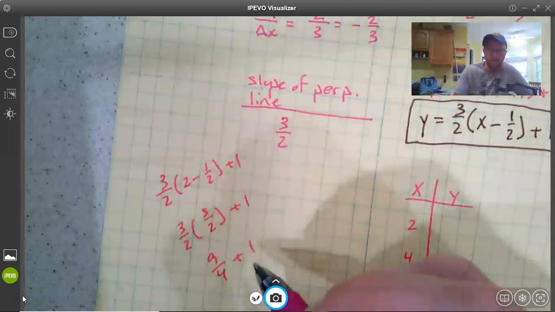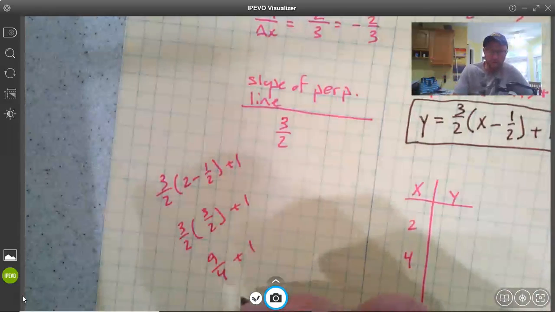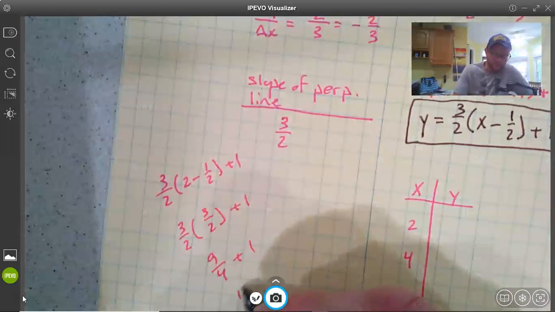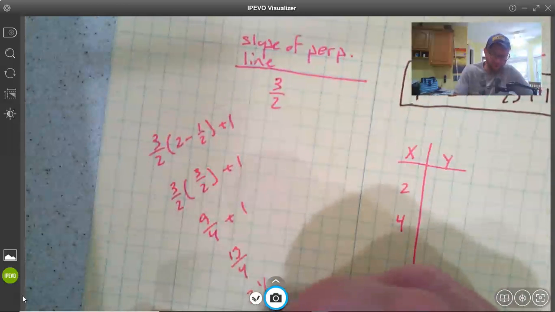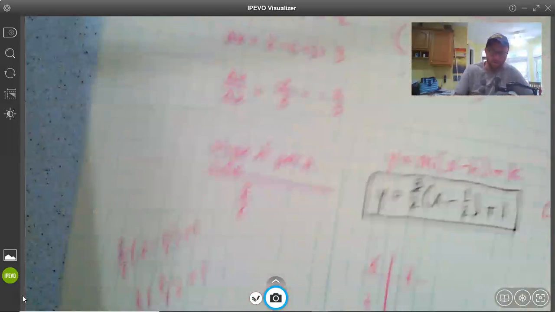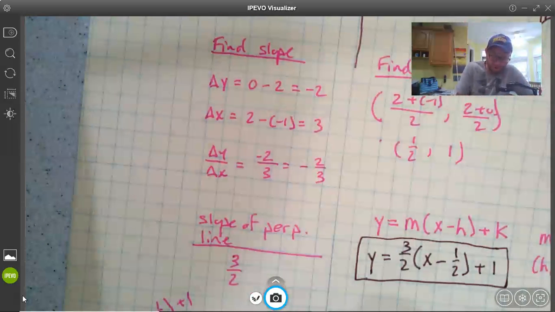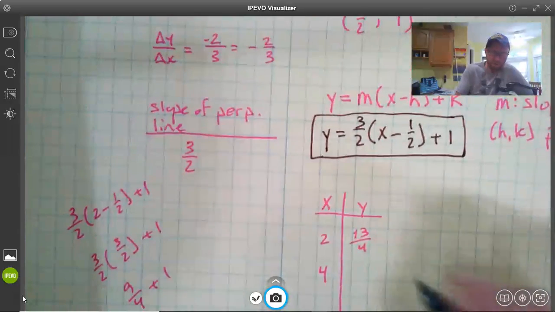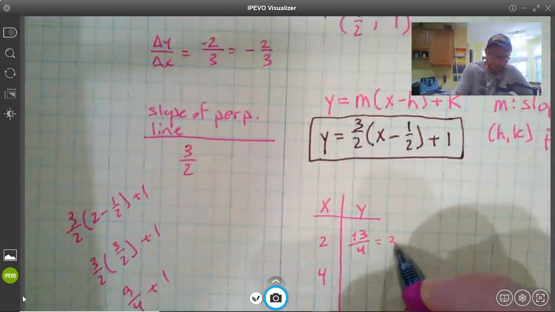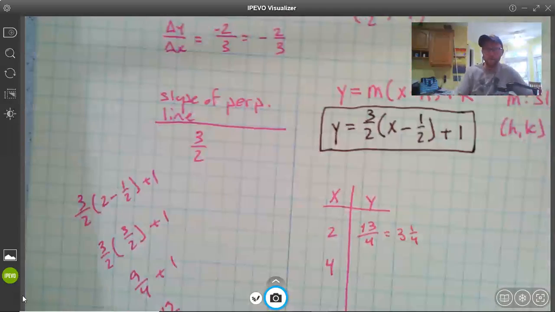So it's plus an additional 4/4, which is 13/4, which is like 3 and 1/4. Okay. So putting this on our table, 13/4, which is equal to 3 and 1/4.